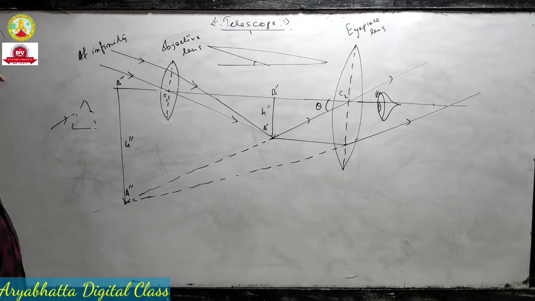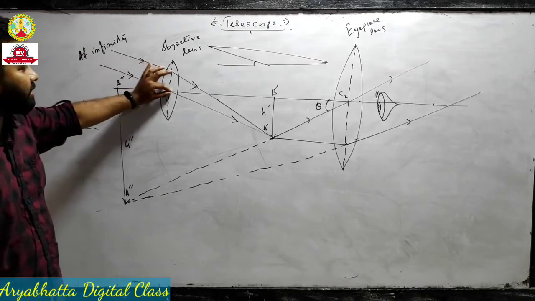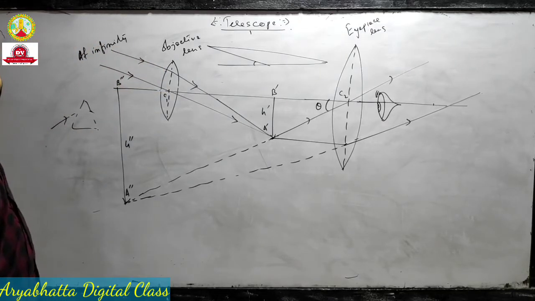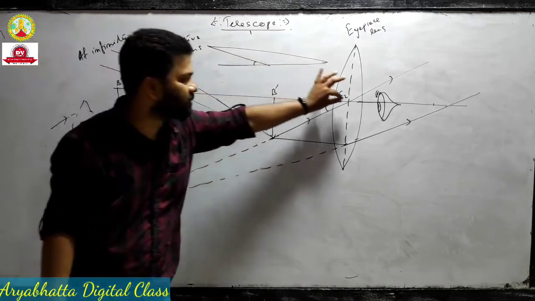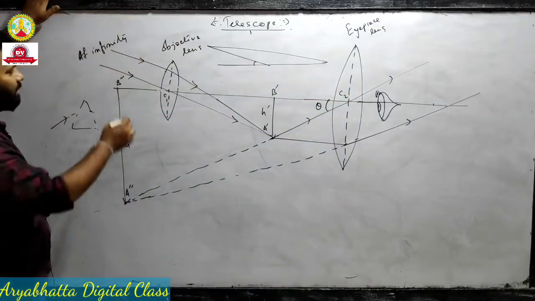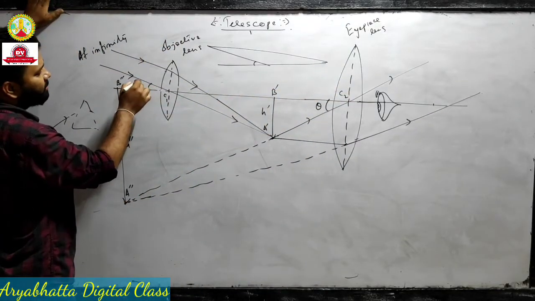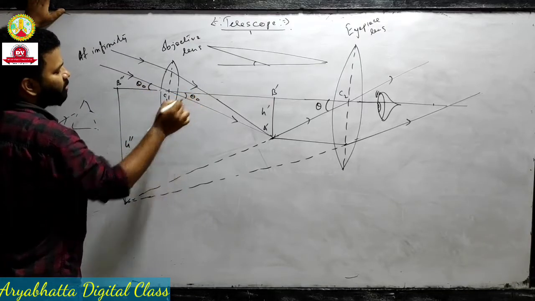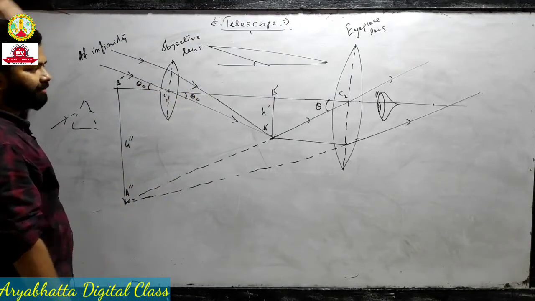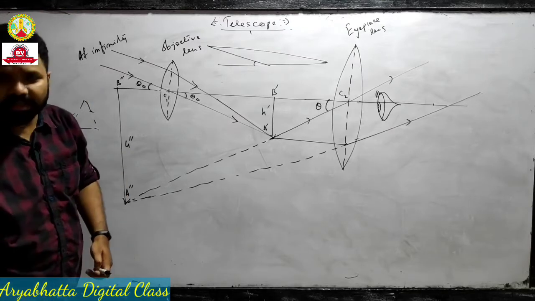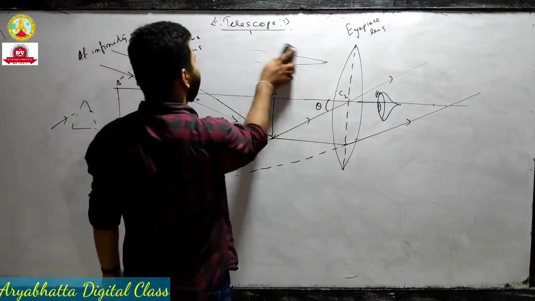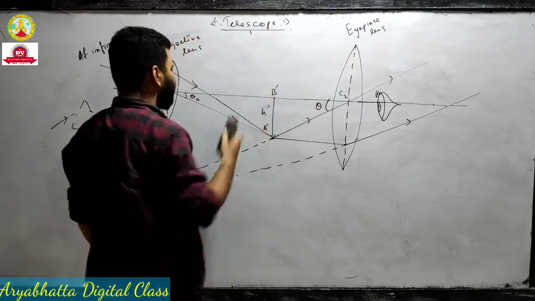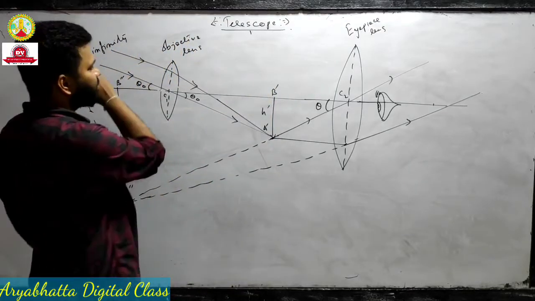So whatever the angle made by this one with this, the same angle will be made by the line with this one also. So what is the angle made by the object with the eye? We will consider these angles. So if this is theta naught, then this angle will also be equal to theta naught. Okay. Object distance that we do not know, that is suppose infinity. This is object is at infinity.